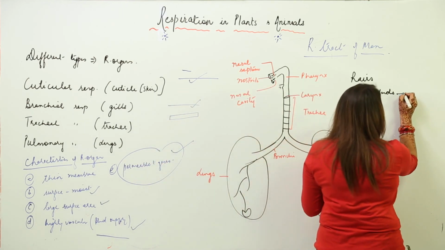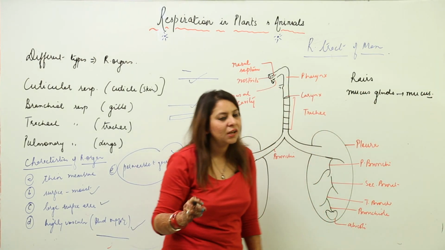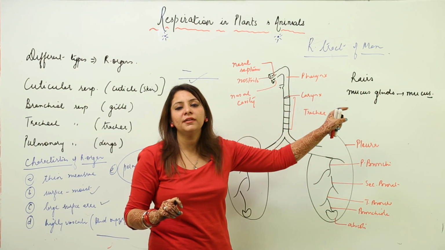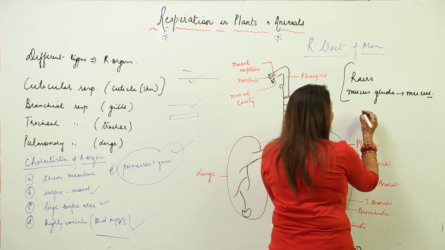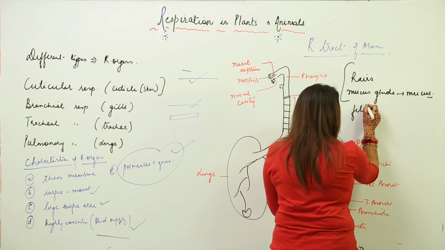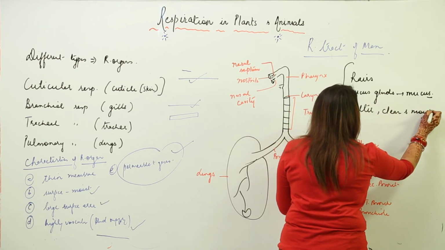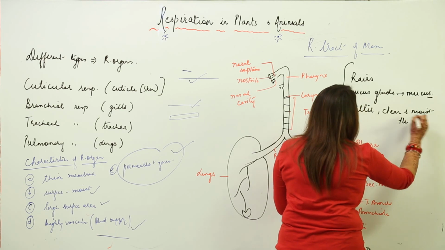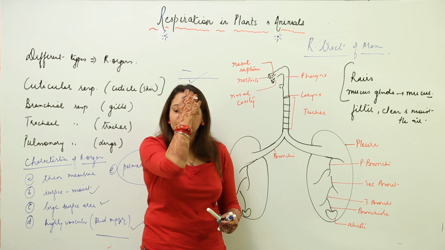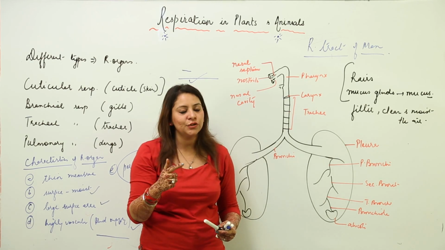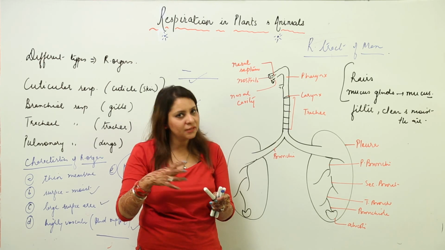These mucus glands secrete a slippery fluid that is called mucus. They serve a very important function, because both of them filter, clean, and moisten the air we inhale, and that is very important for diffusion. Mucus glands secrete mucus, and hairs filter the air.